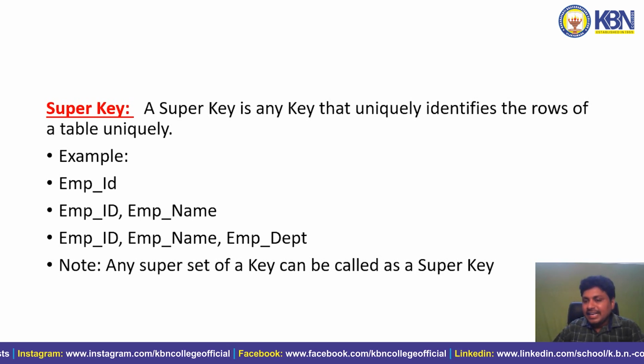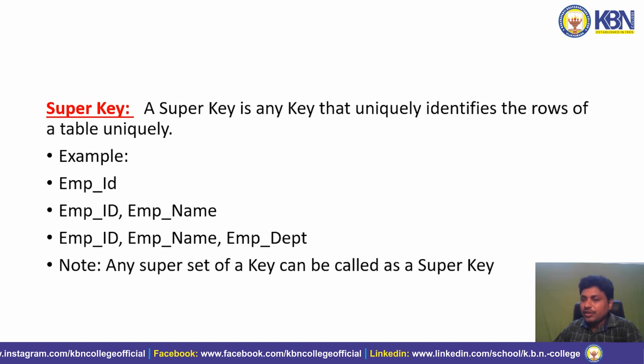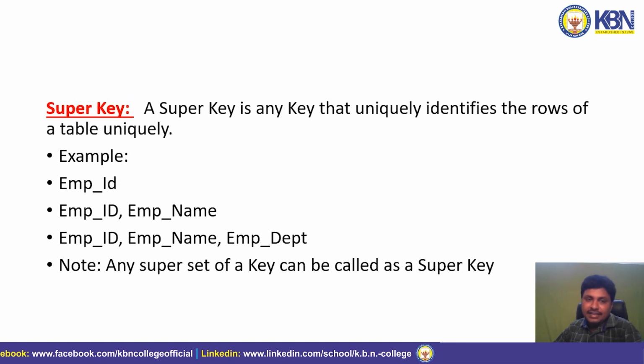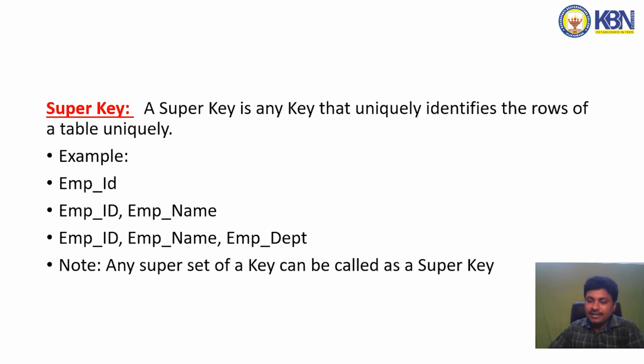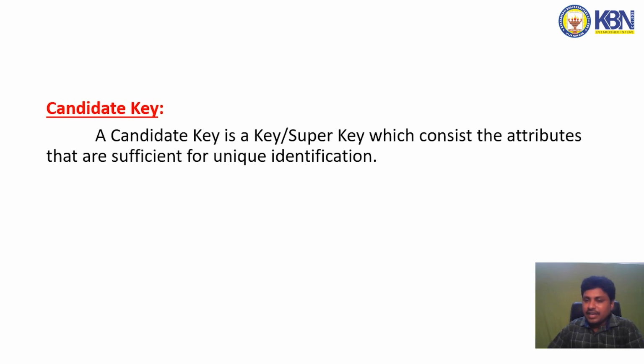A super key is any key that uniquely identifies the rows of a table. Example, suppose the employee relation has employee ID, employee name, employee department, employee salary. Employee ID uniquely identifies a row. Employee ID with employee name is also a super key. Employee ID, employee name, employee department is also a super key. Any superset of a key is called a super key. Candidate key. A candidate key is a key or super key which consists of the attributes that are sufficient for unique identification.